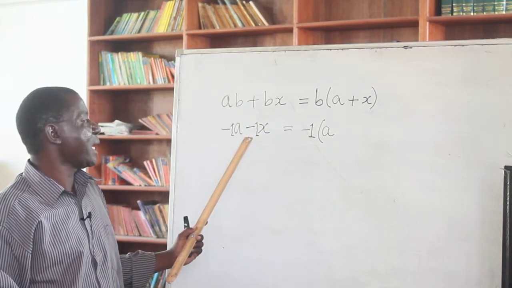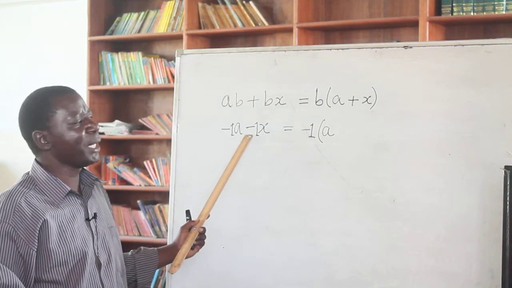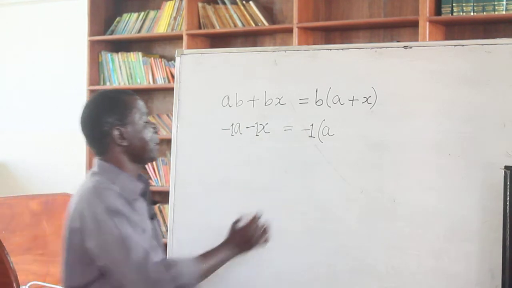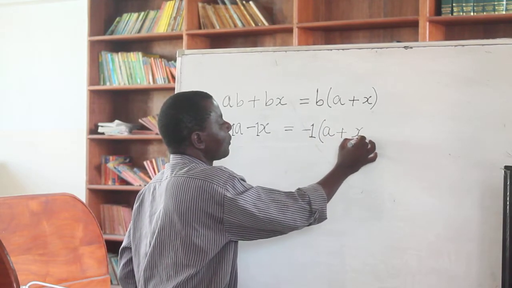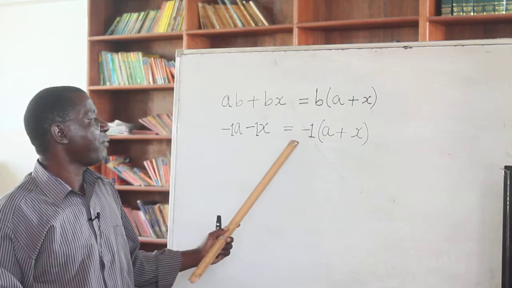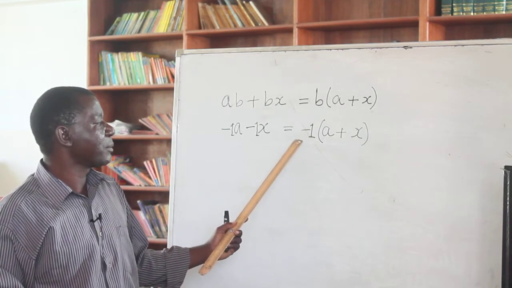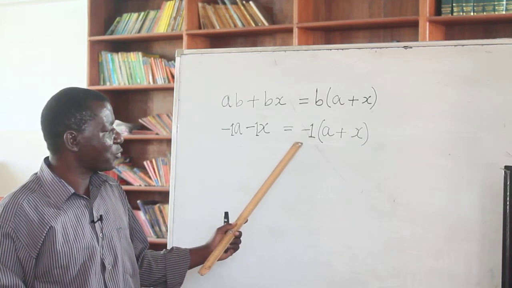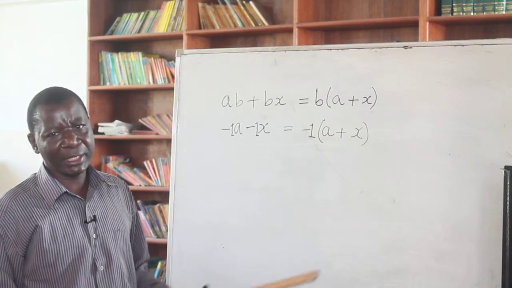If we take minus 1 in the second term, then we are remaining with plus x. So our final factorization for that second two terms becomes minus 1 outside the bracket, and inside the bracket you have a plus x.